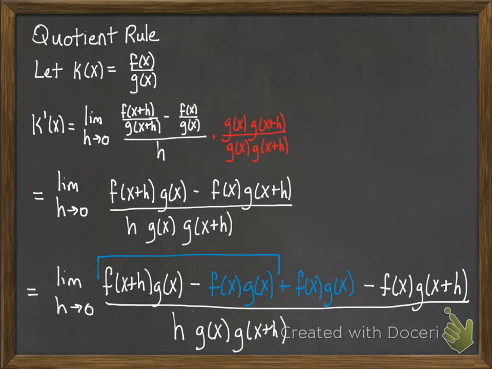And if you look at the second part here, if you factor out an f of x, you'll have g of x minus g of x plus h. So that's backwards. But if I factor out a negative f of x, that will give me g of x plus h minus g of x on the inside. And so that's exactly what we're going to proceed to do now.